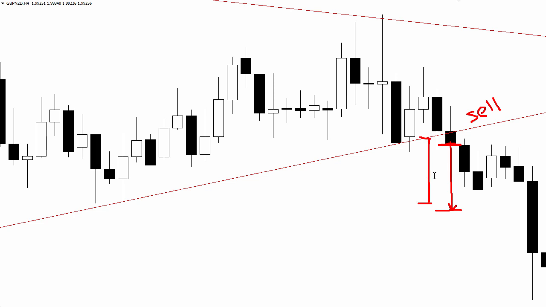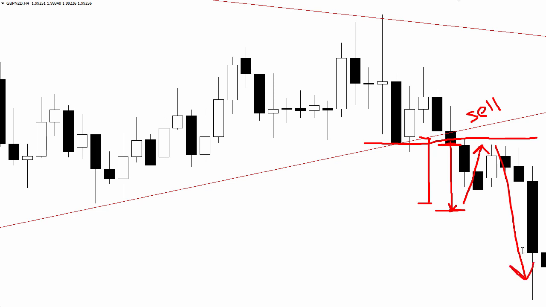So what I would want to do is, when this bar closed down here, wait for a retrace at least back into this area. Now what that's going to do is give me a lot better risk to reward ratio, because when I place my stop up here, which we'll get to next, it's going to give me a lot better risk to reward when I go to sell this market for a move lower.